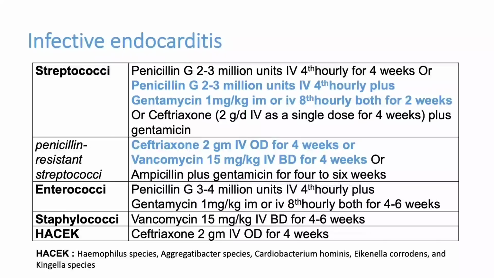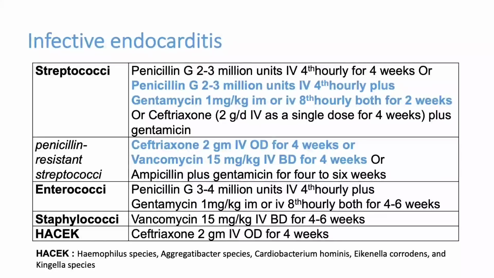These are the routine treatment for the common infection, that is streptococcal infection. If we are suspecting penicillin resistant streptococci only, we have to add vancomycin 15 mg per kg IV. So routinely used therapy is ceftriaxone with gentamicin or penicillin with gentamicin.